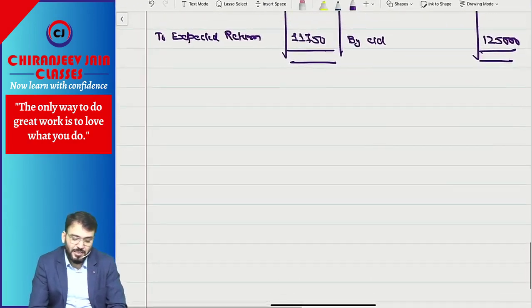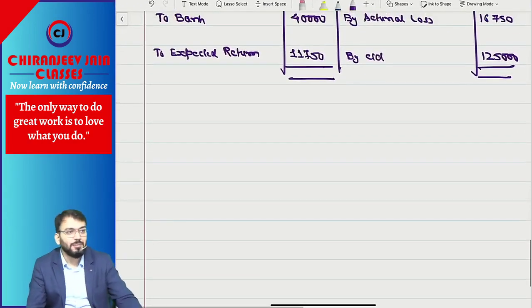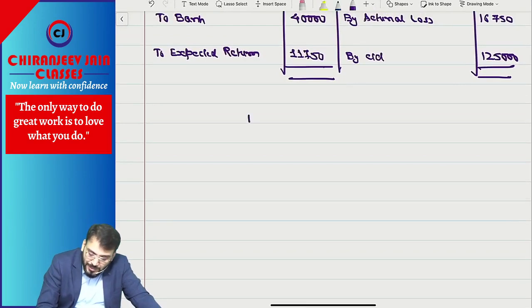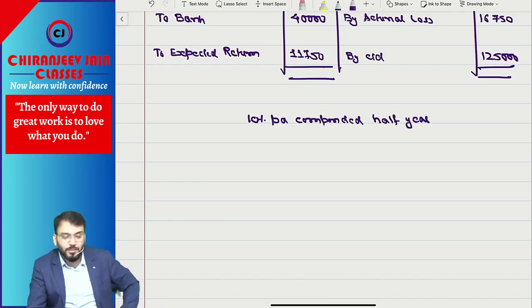Just try to understand. As per my previous example, what we have done. I have said 10% per annum compounded half yearly. In my question I have given 10% per annum compounded half yearly. So you have done calculation on that basis.